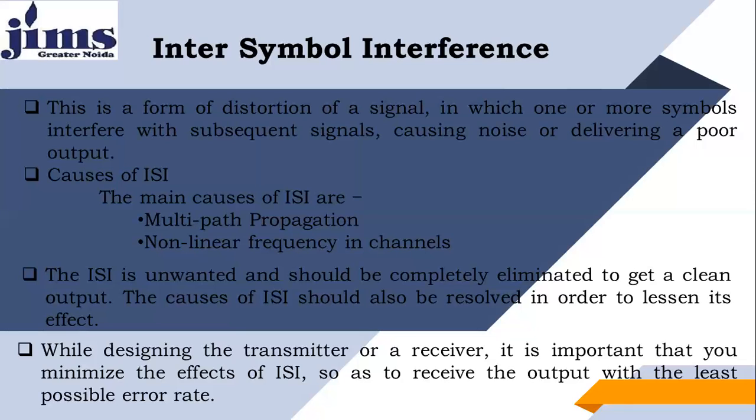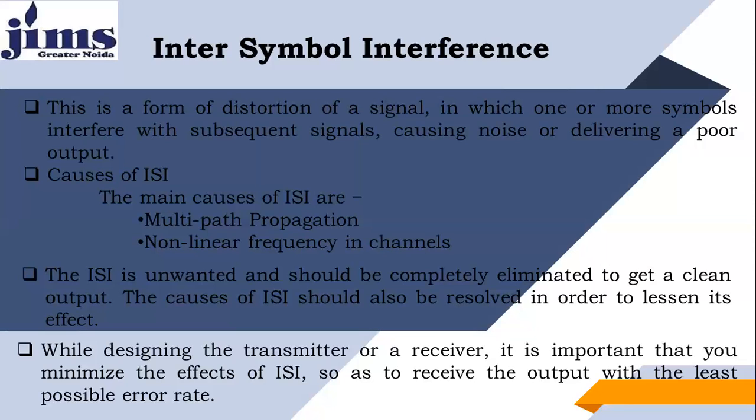It means some part of the symbol reaches the neighbor or subsequent symbols and interferes with them. This is called inter-symbol interference. And that makes the signal distorted, causing noise or delivering a poor output.